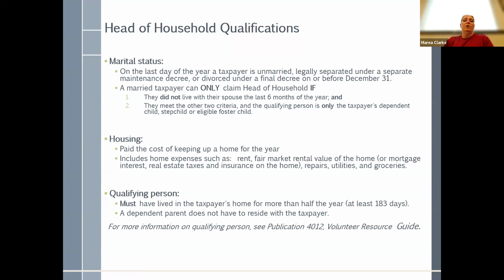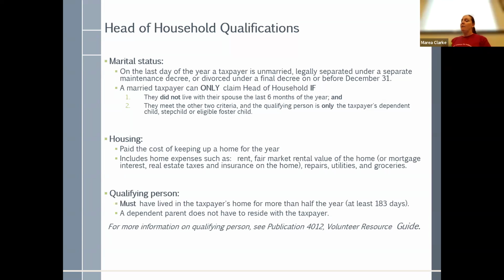All right. So for that housing cost, when we talk about the cost of keeping up a home, what falls into that? That can be things like rent, fair market value or mortgage payments, real estate taxes, insurance on the home, repairs, utilities, groceries. The qualifying person must have lived in that taxpayer's home for more than half of the year, so that's 183 days.